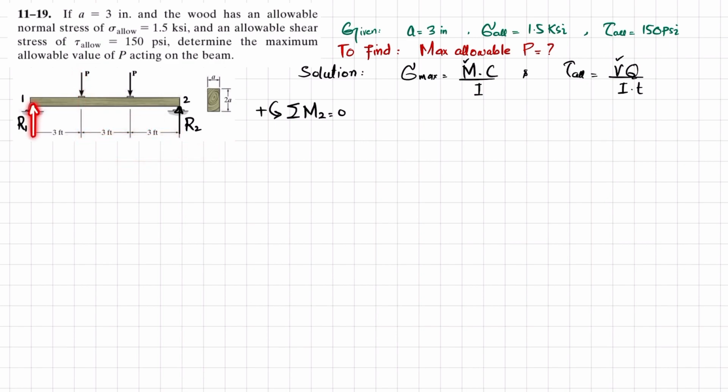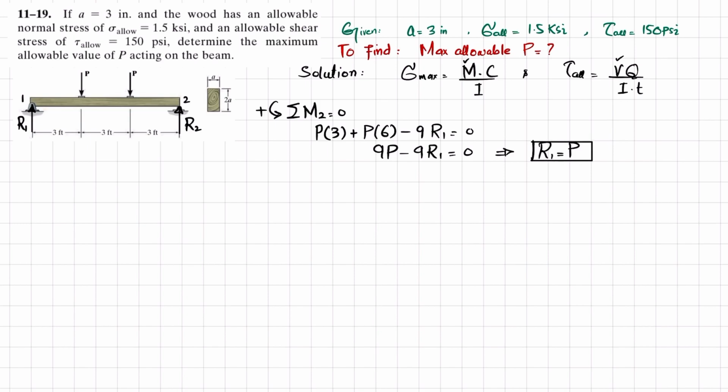The third moment is R1 times perpendicular distance 9, which is clockwise, so negative. Writing them one by one: P times 3 plus P times 6 minus 9 times R1 is equal to 0. So 9P minus 9R1 is equal to 0, and from here you get R1 is equal to P.